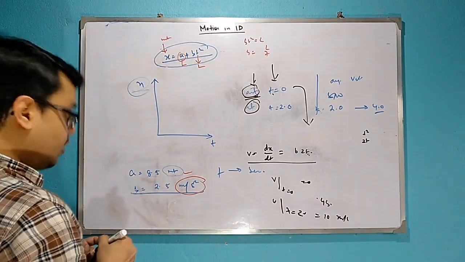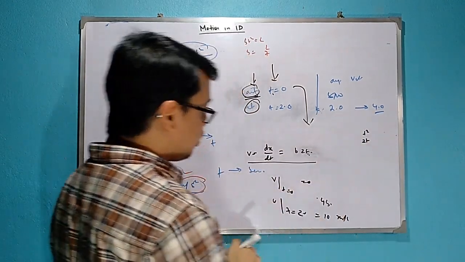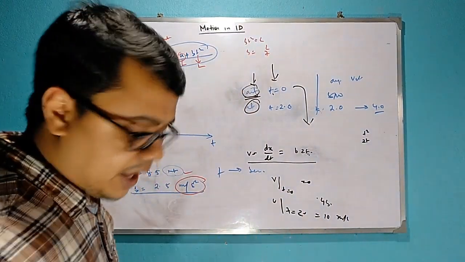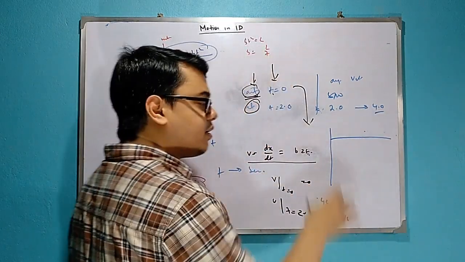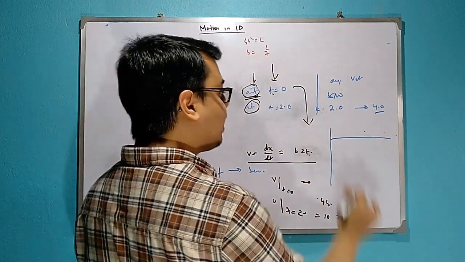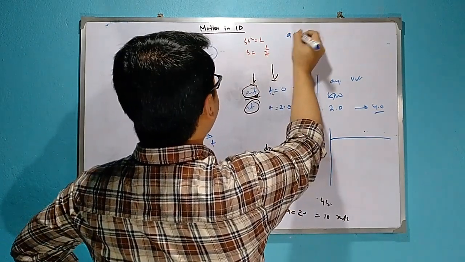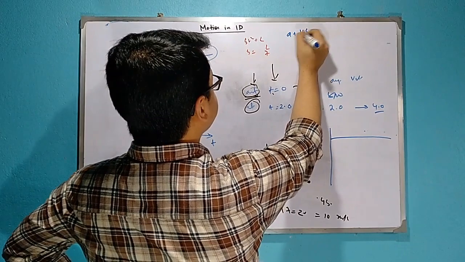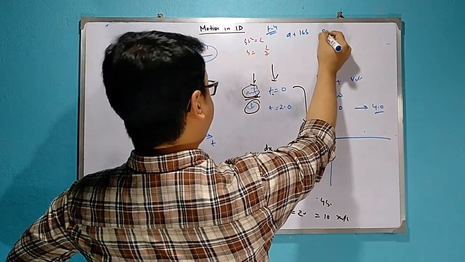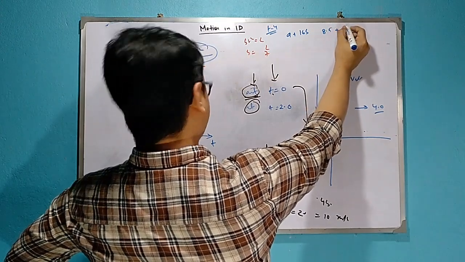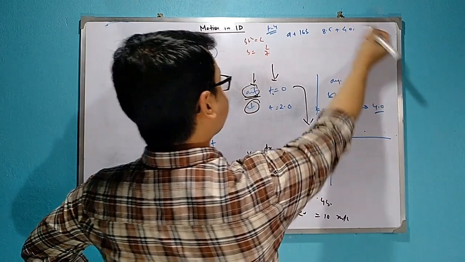Now, what is the average velocity between t = 2 and t = 4? You know that average velocity is nothing but total displacement divided by total time. At t = 4, it is at a + 16b, that means 8.5 plus 16 into 2.5, that means 40 plus 8.5.